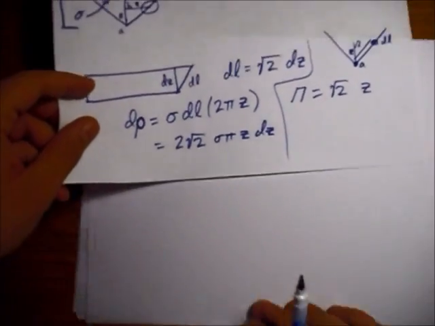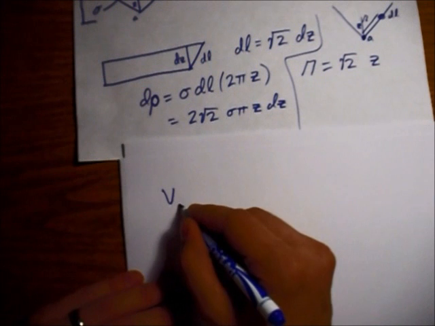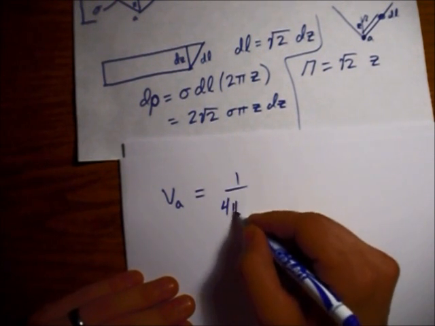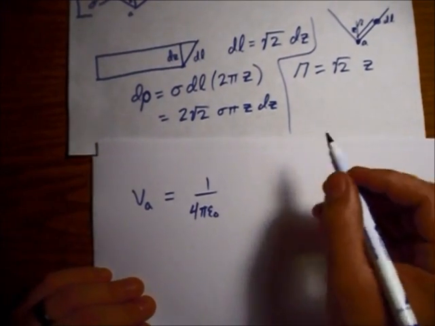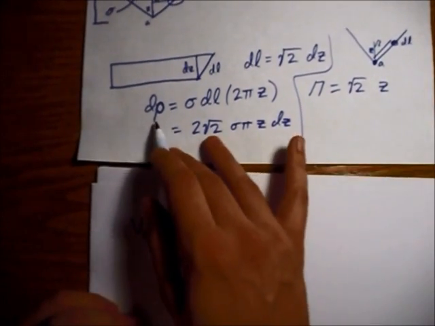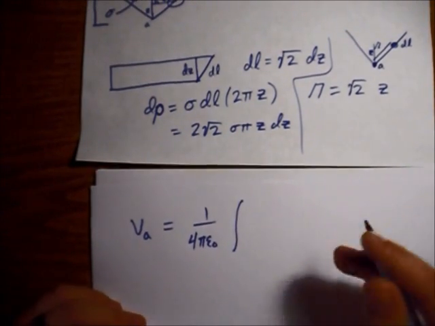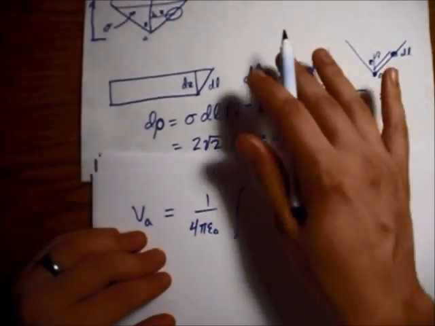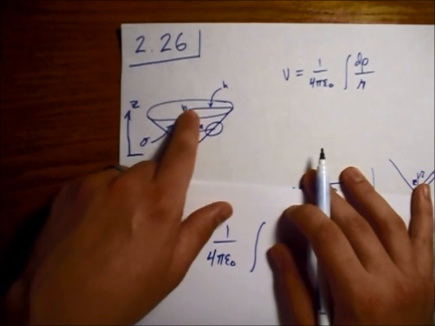Okay, so this is the length of this cursive r for our first part, which is finding the potential at A. Let's put these pieces together real quick. I'll call this V sub A. We've got our good old 1 over 4 pi epsilon naught out front. Now we need to plug in our d rho and our cursive r. Since I'm using z as the integration variable, we're going to integrate from z equals 0 all the way up to the top.